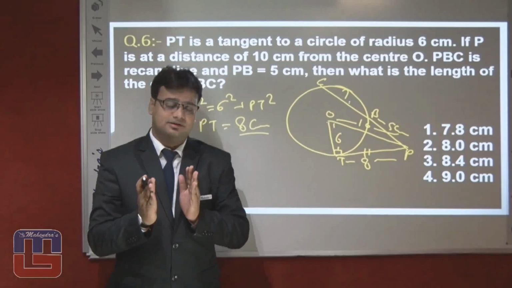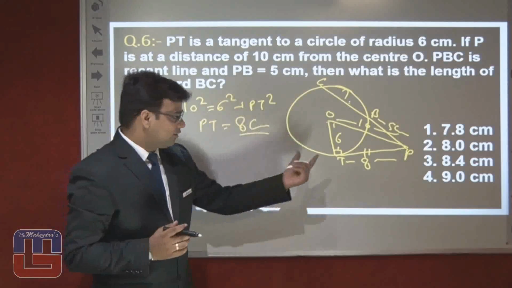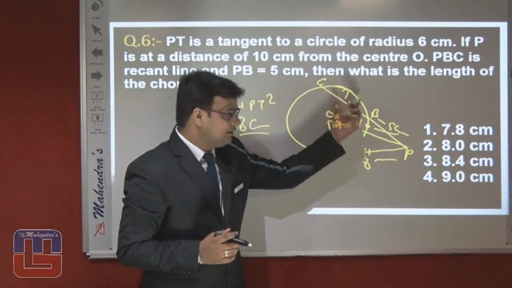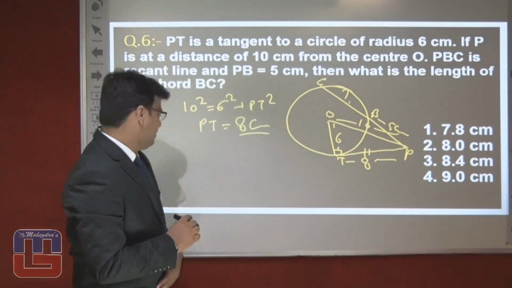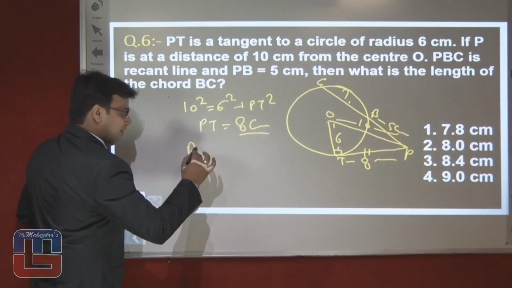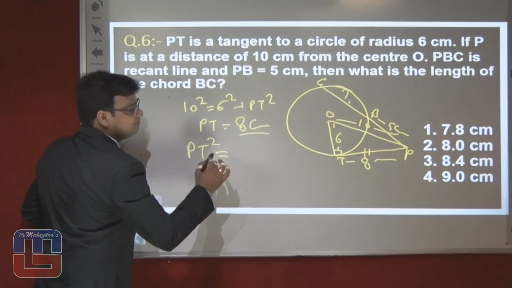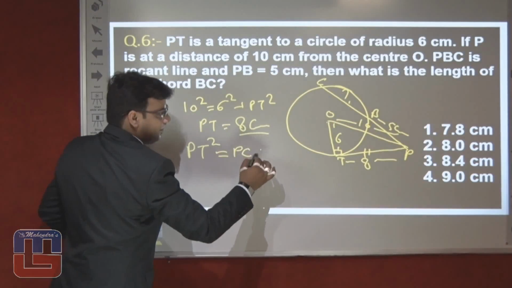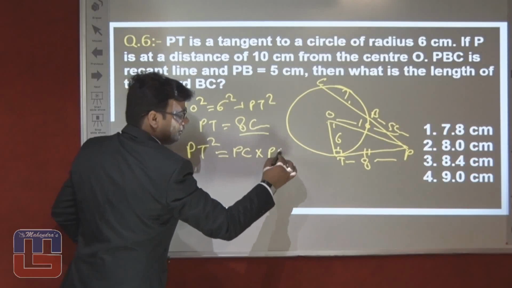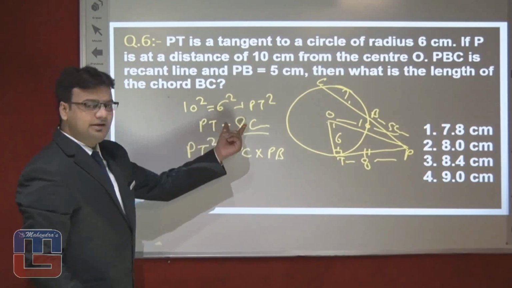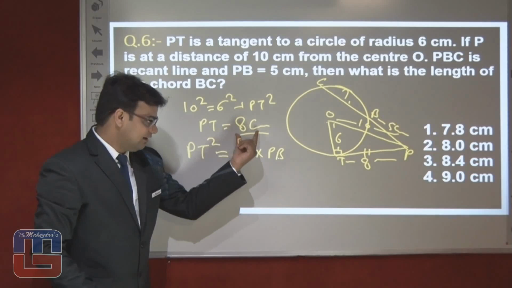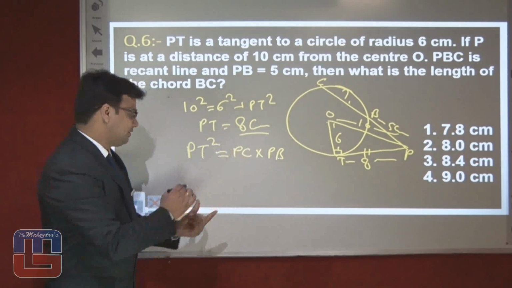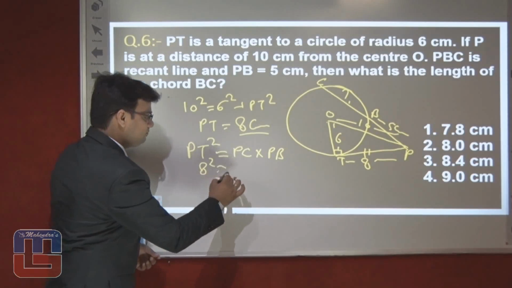Simple, we use the tangent-chord theorem. Here PT is the tangent and BC is the chord. If we directly apply the theorem, PT square is equal to PC into PB. The value of PT we already calculated is 8 centimeter, that means 8 square.